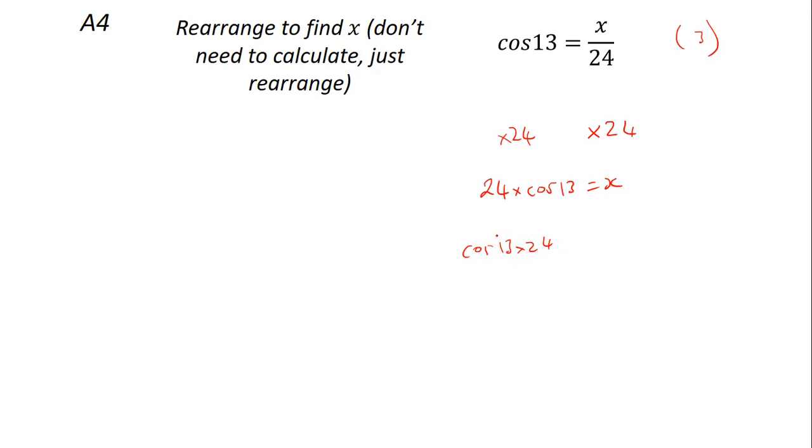Just be careful that your calculator doesn't try and do that and then cos it. You really want to have cos 13 and that number times 24. In your rearranging, I'm not too worried, but when you've got to use your calculator, I like to write anything times the cos before it. It's just how I do it. Okay, I'll see you in the rest of the lesson.